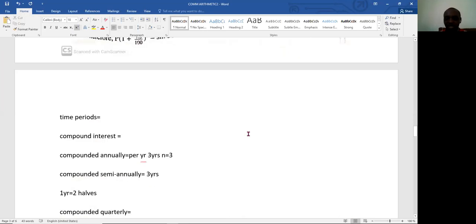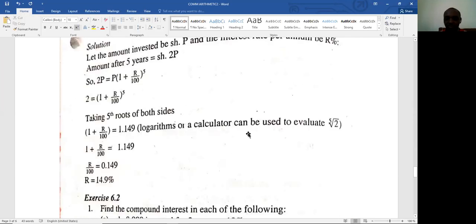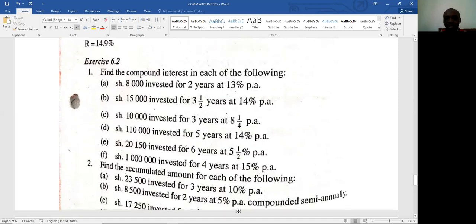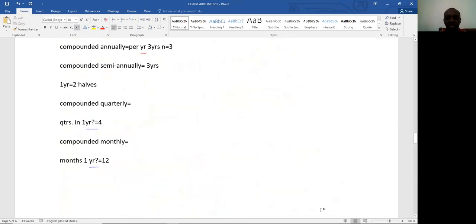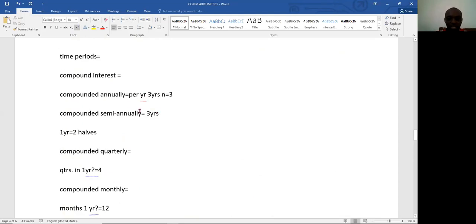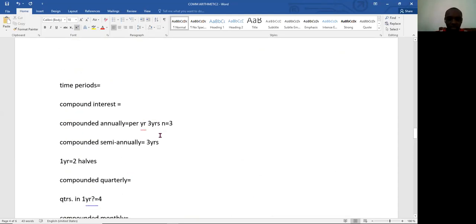Let me bring you to the questions that I've put here. 8,500 invested for 2 years at 5%, compounded semi-annually. The rate is per annum, but the compound interest is being done semi-annually. So here, the rate that you're going to be given, for example, here, we want to do this rate.